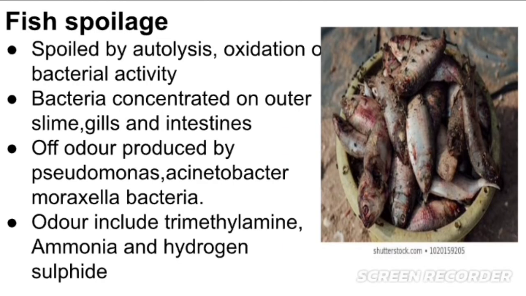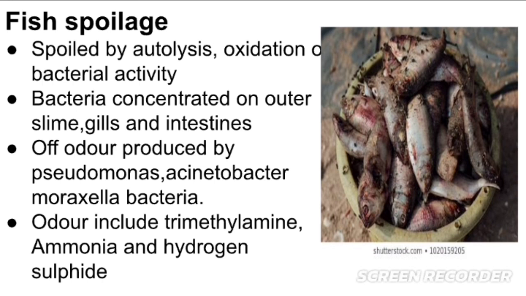Next is fish spoilage. It is spoiled by autolysis or oxidation due to bacterial activity. Autolysis is a process in which the cells or tissues themselves deteriorate because of the production of enzymes. Oxidation also occurs due to bacterial activity. Bacteria are concentrated on the outer slime, gills and intestines.